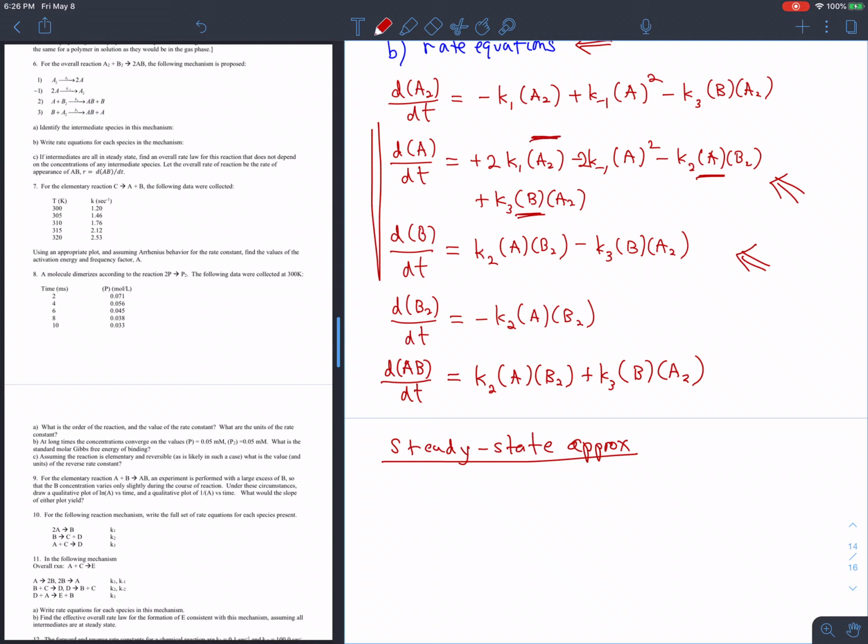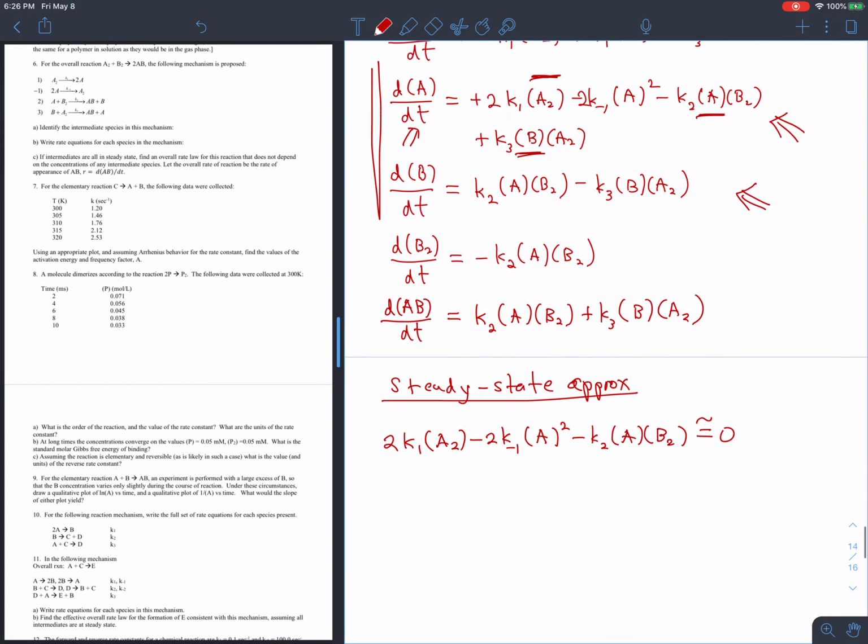So setting this one to 0, we have 2K1 A2 minus 2K minus 1 times A squared minus K2 times A times B2 equals 0, or approximately equal to 0. This is an approximation after all. Oh, sorry, forgot the last term there.